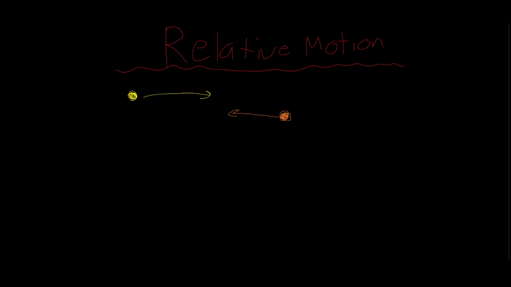In order to find out what the velocity of this orange object is from the view of the yellow object, we take the velocity of the orange one, let's call this object B, and this object A. We're going to take the velocity of B and subtract the velocity of A. And this will give us the velocity of B with respect to A, or the velocity of B from the view of A. That's how I like to think of it.